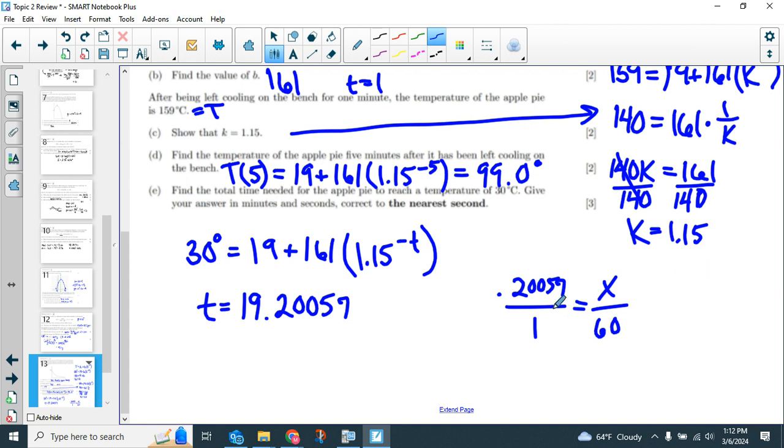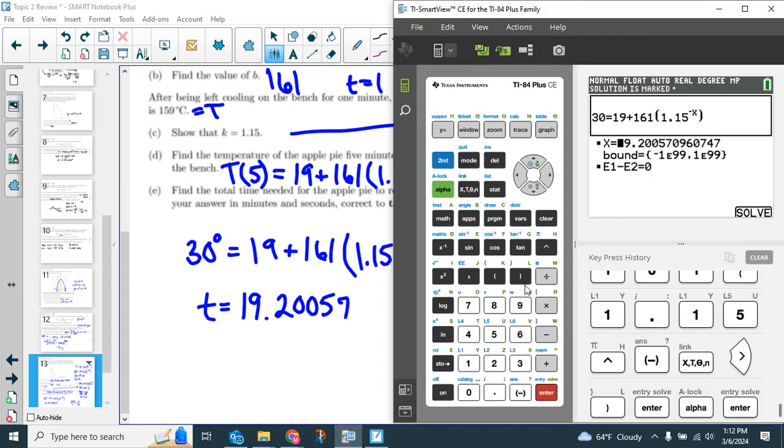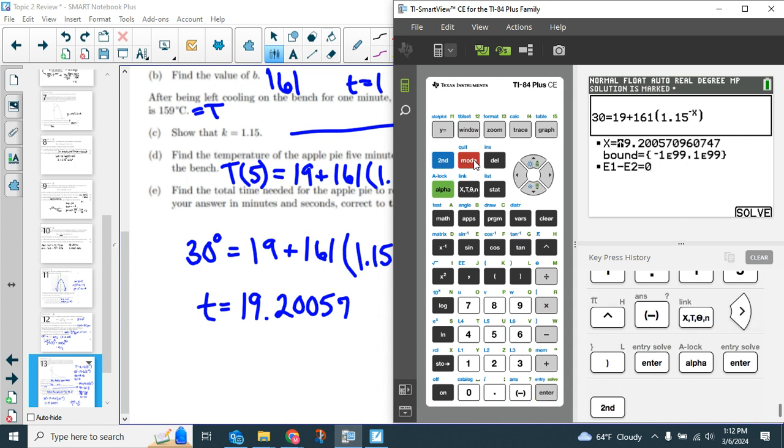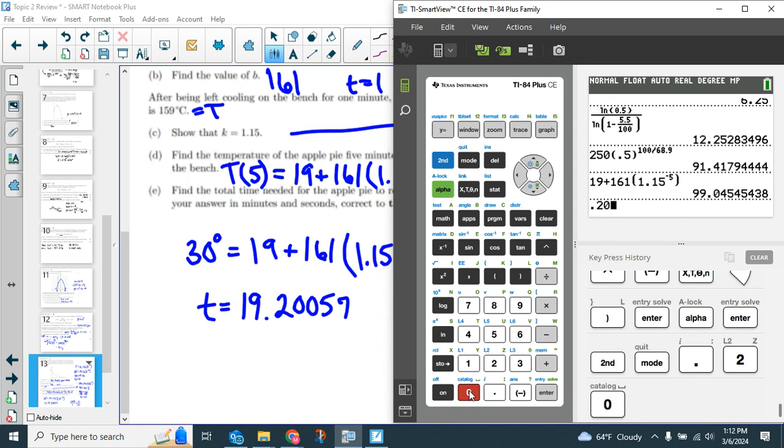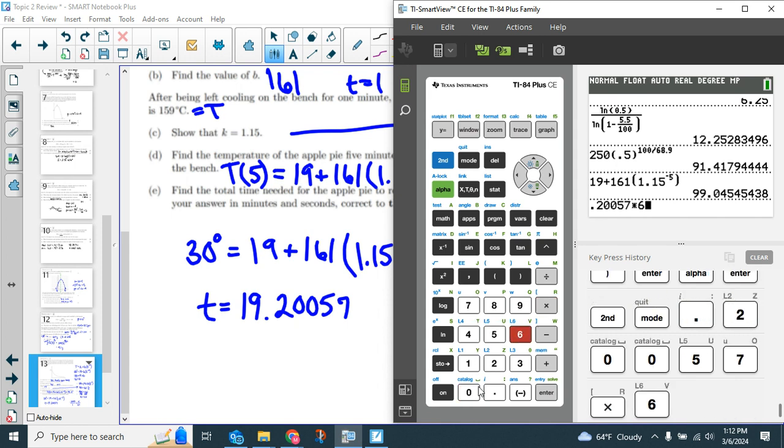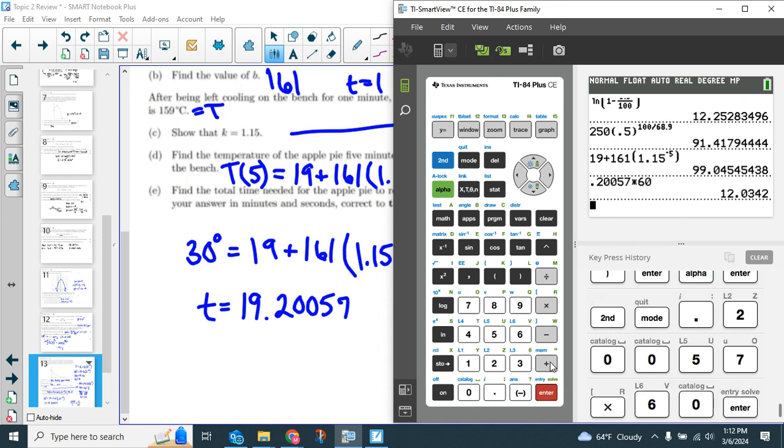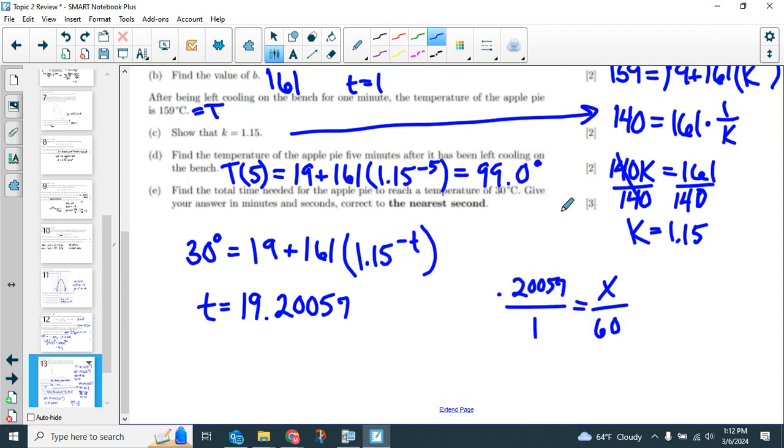So really all I do is multiply that by 60. 0.20057 times 60 is 12.03. So 12 seconds. No, I said to the nearest second in minutes and seconds, right? So this is going to be 19 minutes, 12 seconds.